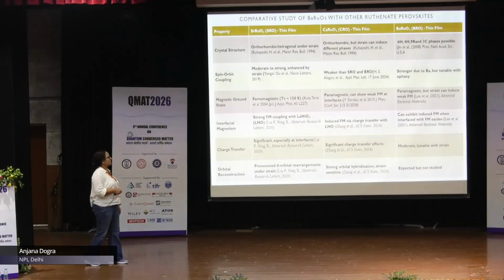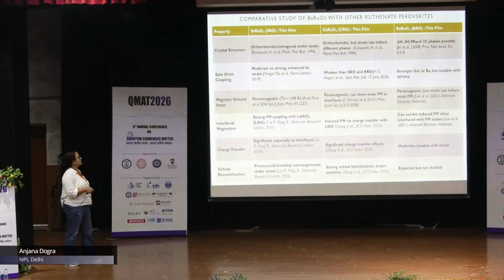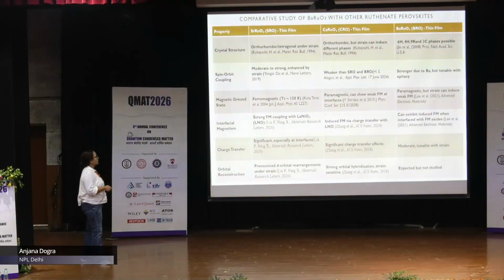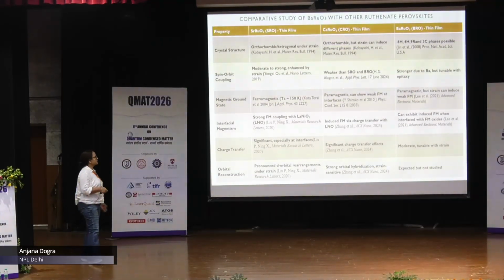So, what we have observed as the basic difference, because here we have different phases, is that these kinds of things do not exist there. They are very much orthorhombic or tetragonal phases, very stable structures, and because of some strain they could show spin orbit coupling, and for CaReO3 they could also show it, but it is weaker spin orbit coupling.